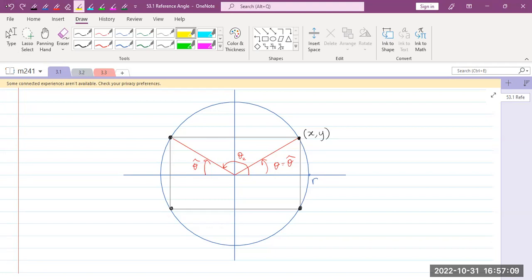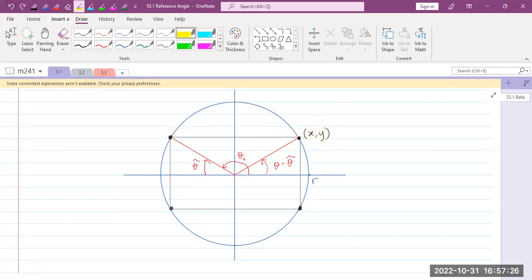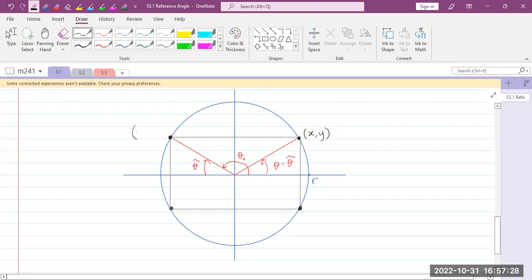But both of them have the same reference angle theta hat. Now, at the same time, if this is x comma y, then the coordinate here must have the same y, but a different x. It must be the opposite of x, so the coordinate here must be negative x comma y. I hope you can follow me so far.